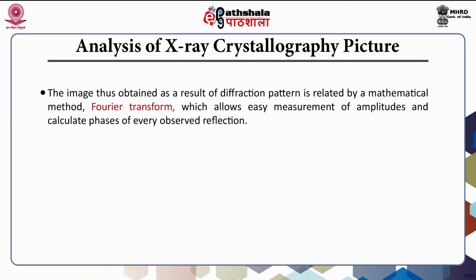So, this particular density can be calculated by using the amplitude and calculated phases in a mathematical relationship. That mathematical relationship is Fourier transformation. So, in the Fourier transformation, we can calculate the electron density map.